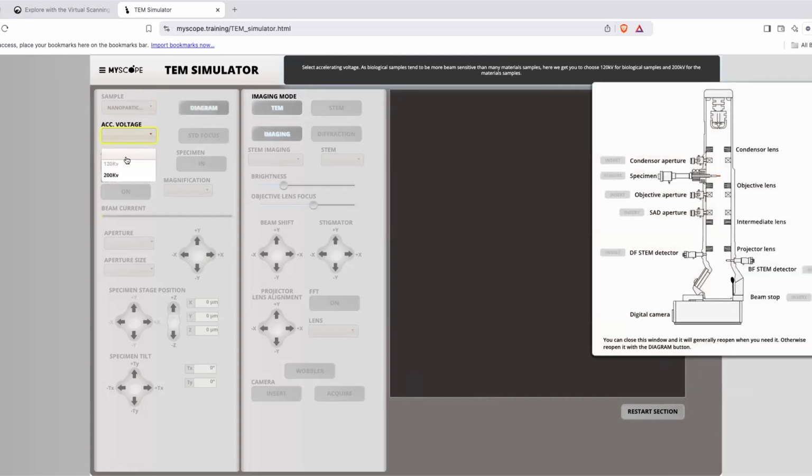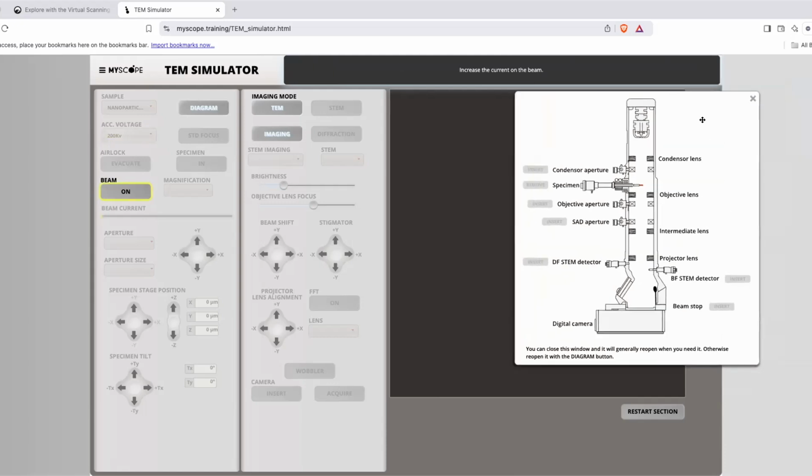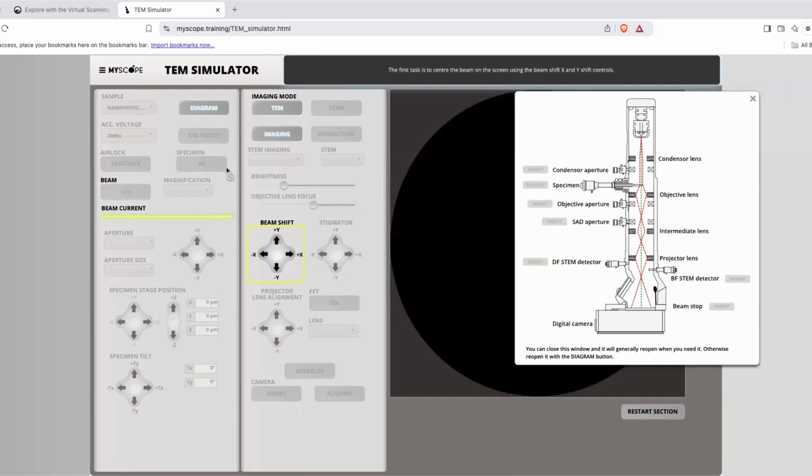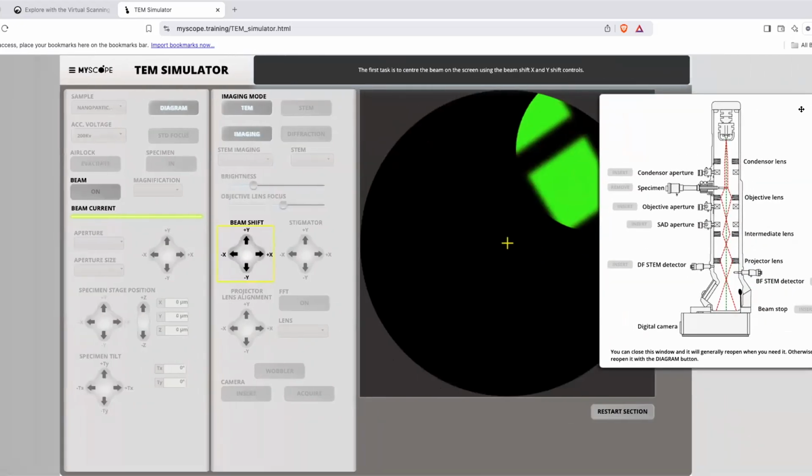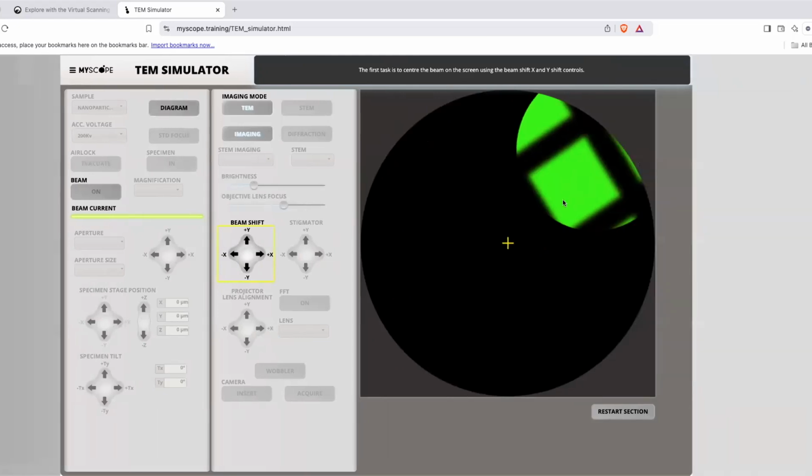Now we will apply a certain accelerating voltage. It is 200 kilo electron volt here. Then there is just focus now. Let's switch on the beam. The beam is on, and you start to see the beam here.